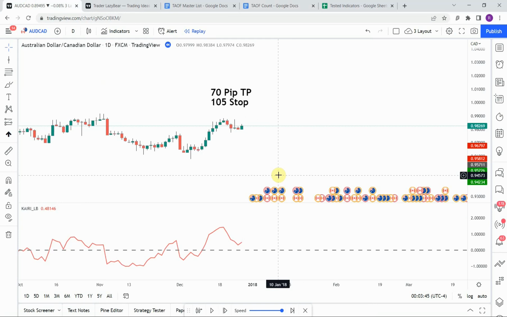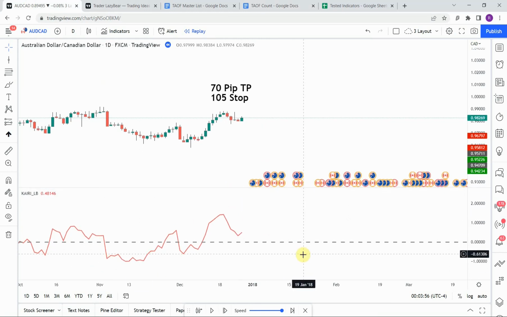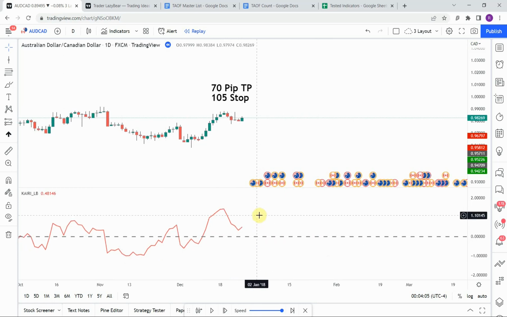Okay, so today's indicator is the KRI indicator, and you can see it here on the bottom of the screen. Basically what we have is an oscillating line, very similar to the RSI, and we have a zero line running right down the center. We do not have an upper band or a lower band, so there is no overbought or oversold with this particular indicator, like the RSI.